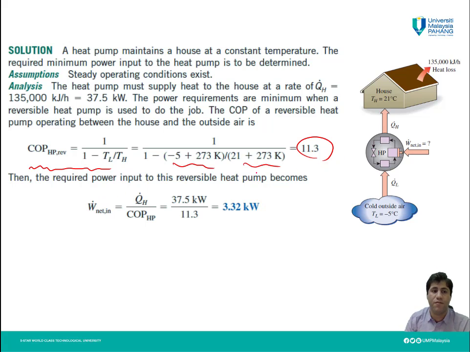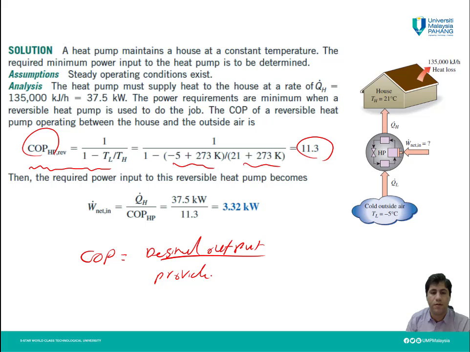After we calculate the COP, we can use the other equation for COP. COP for any type of refrigerator or heat pump is the desired output over the provided input.